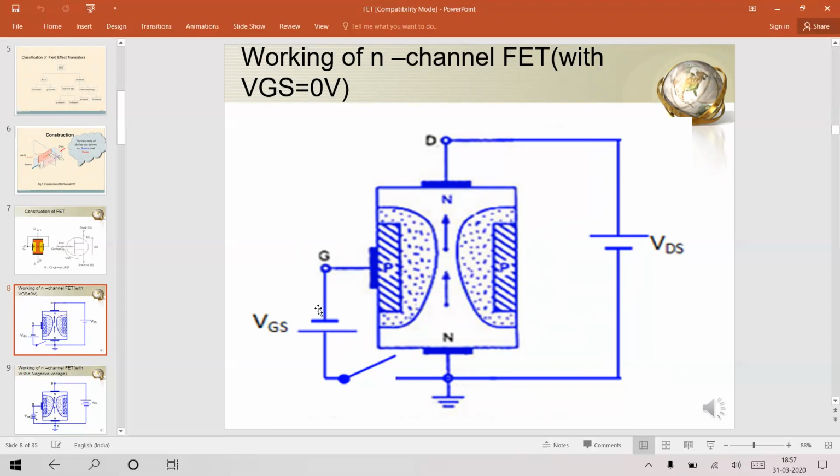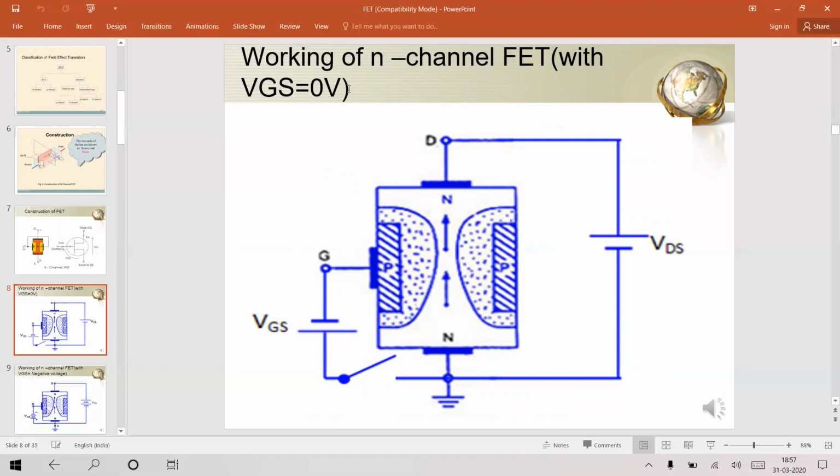If I increase the negative voltage, the barrier will increase further. If I increase the positive voltage, the barrier will reduce, meaning this extended region will reduce and there is more path for the current flow from source to drain. That is how the conduction path can be increased and more current observed, provided you apply more positive voltage here.